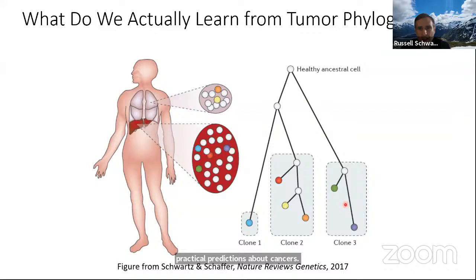Now, when we, and I think most other people, get into this field, we had maybe a naive optimism that what we would learn from tumor phylogenies is a window into the story of every particular tumor.